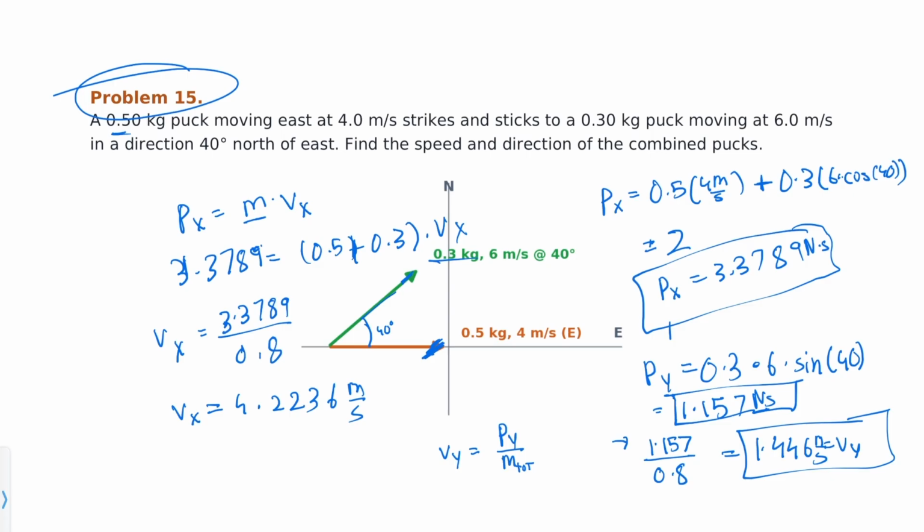Okay, so that's that. Define the combined speed. So the magnitude of V is equal to the square root of Vx squared plus Vy squared, right?